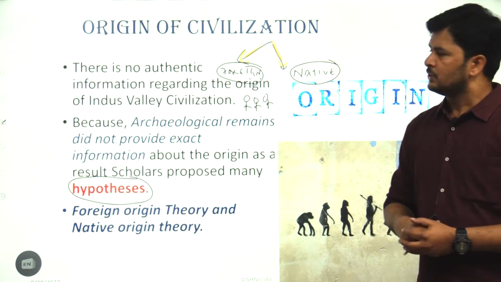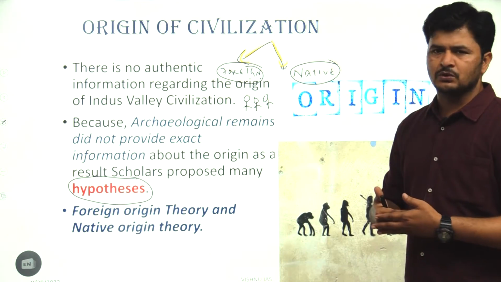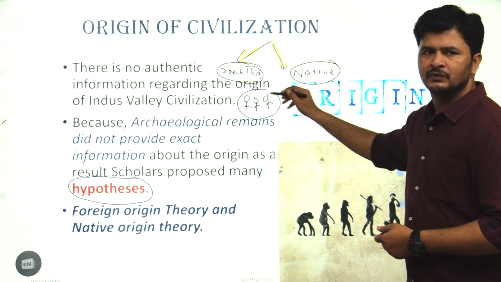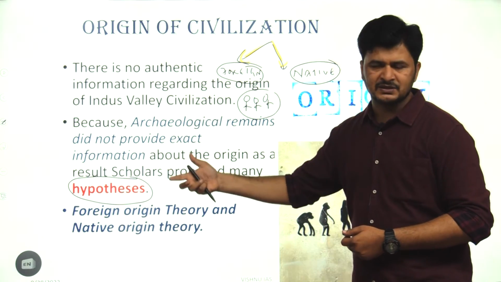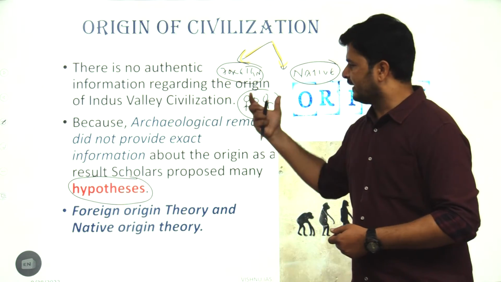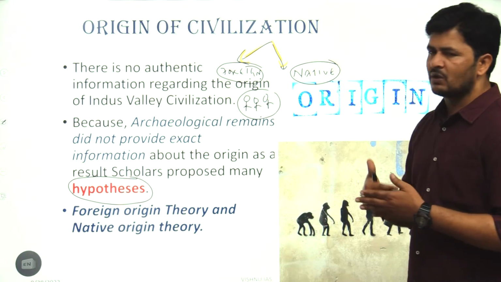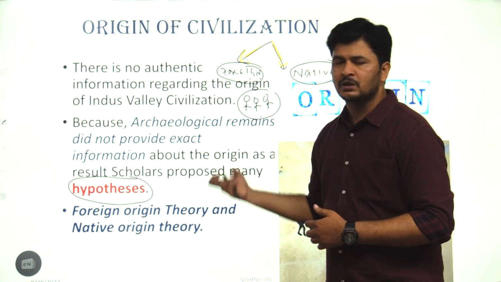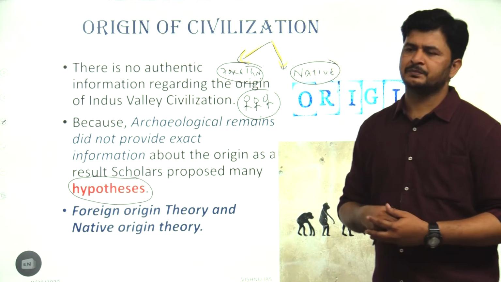Hypothesis. So a group of scholars, especially the foreign scholars, those associated with the discovery of civilization and other stuff, opine that the Indus people who developed the civilization between 2500 BC to 1750 BC were not locals but non-locals, migrated people.